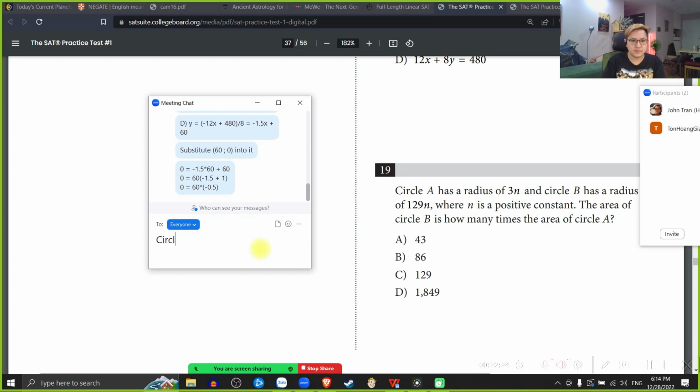Okay, so circle A area equals pi times r squared, right? Just keep the pi, don't multiply by 3.14 or whatever.